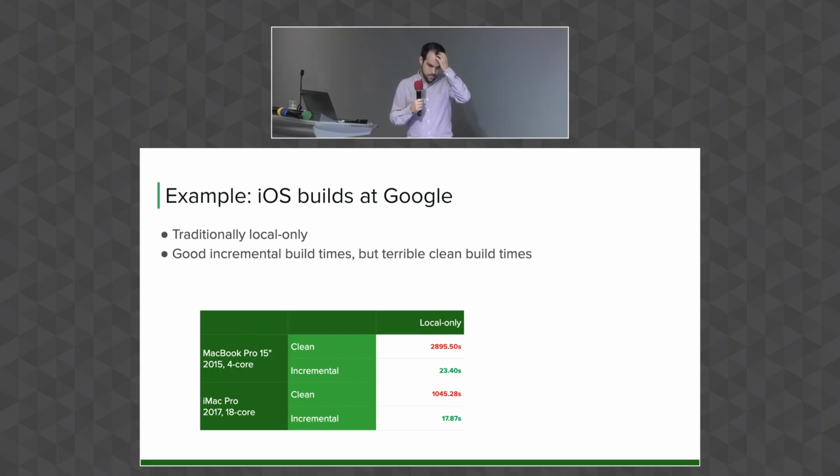Essentially, we couldn't reach our production services from the Macs that we have at work, and porting Blaze to the Mac was a big project. Until that was completely done, we couldn't use the remote execution service that we have in Google. So people that had to do iOS builds from their Macs were forced to use local builds only.